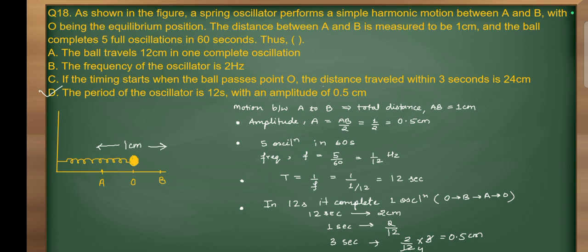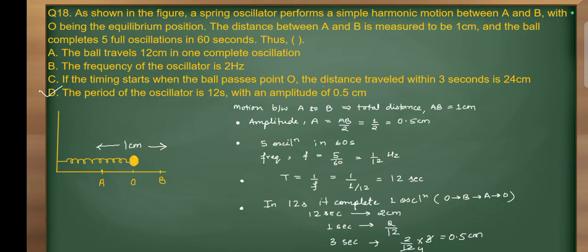Here the 5 oscillations are completed in 60 seconds. So frequency will be 5 by 60, which is 1 by 12 hertz. And the time period is 1 by frequency, which is 1 divided by 1 by 12, which will be equal to 12 seconds. That means in 12 seconds it completes one oscillation. So when the particle is starting its motion from equilibrium position, that is from O, it moves to B point, then returns to A point, and then moves back to O point.